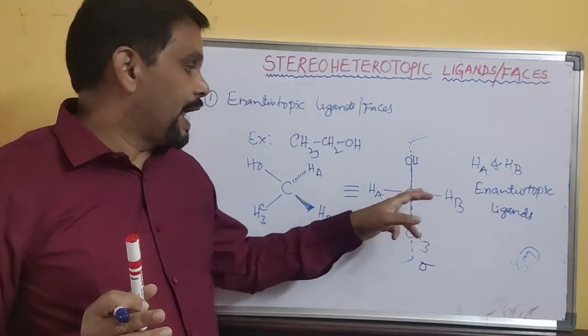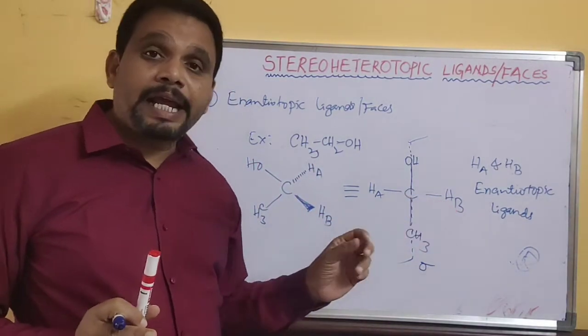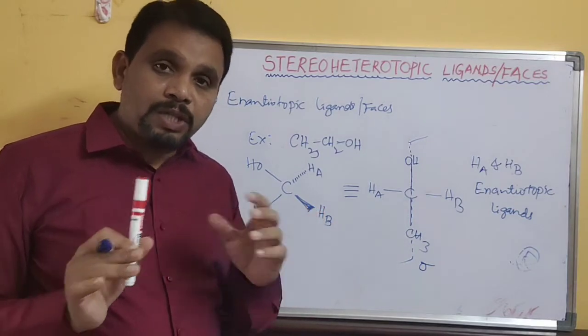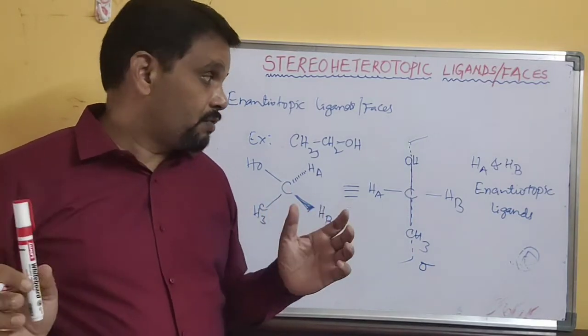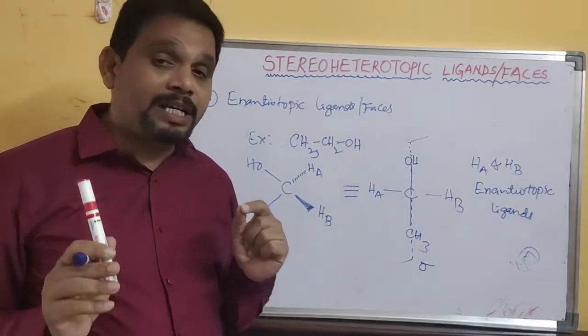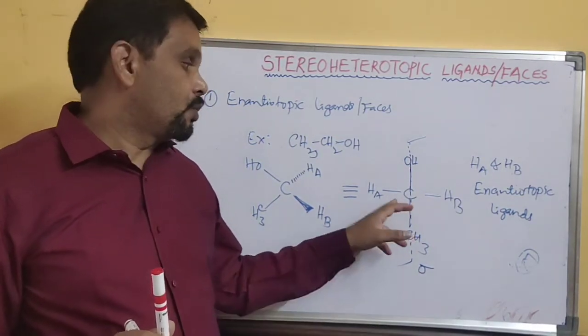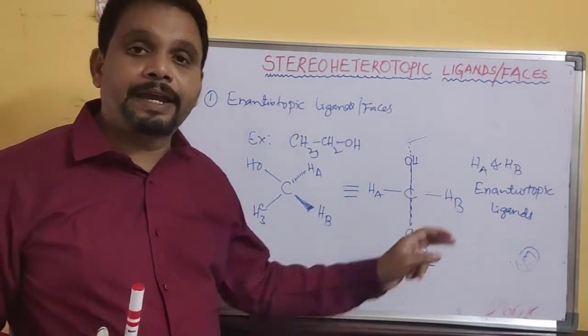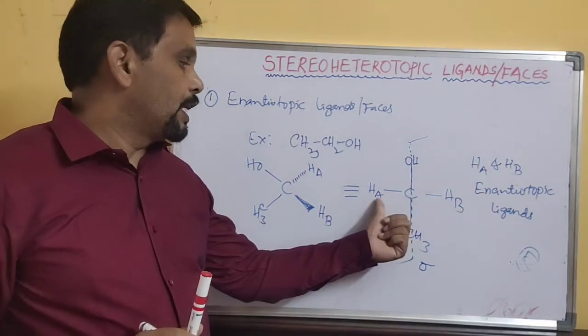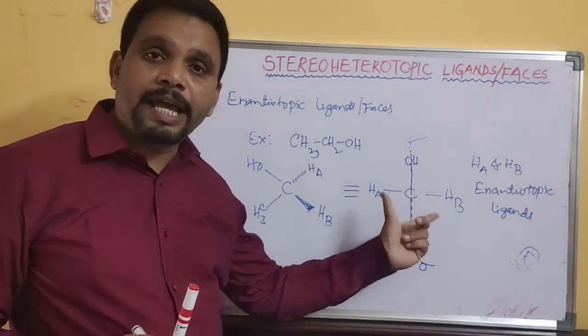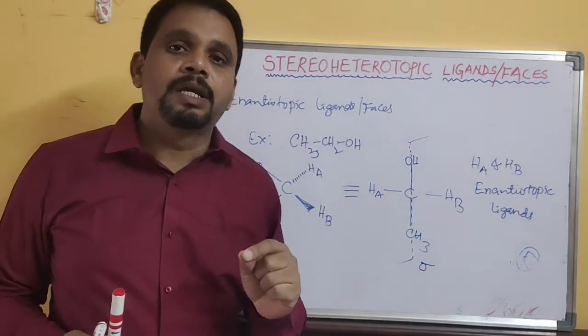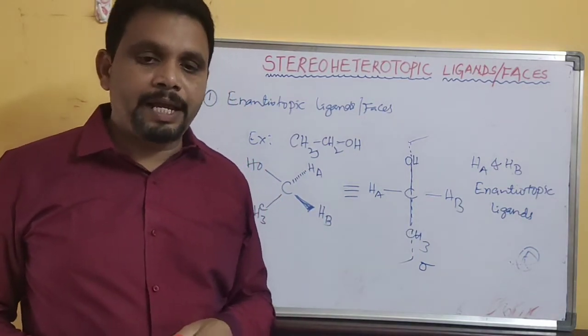The ligands which are exchangeable or interconvertible by the help of secondary kind of symmetry elements like plane of symmetry are known as enantiotopic ligands. Therefore, HA and HB, these two ligands, can be considered as enantiotopic ligands.